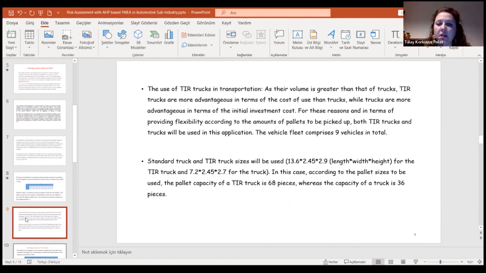For this reason, and in terms of providing flexibility according to the amounts of pallets to be picked up, both third trucks and trucks will be used in this application. The vehicle fleet comprises 9 vehicles in total. According to the pallet sizes to be used, the pallet capacity of a third truck is 68 pieces, whereas the capacity of a truck is 36 pieces.